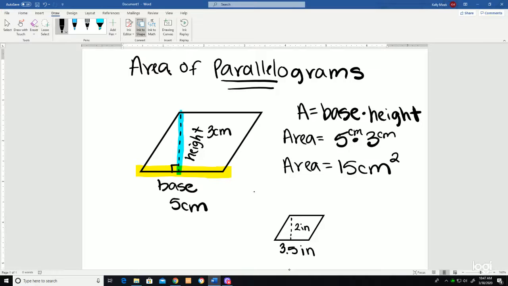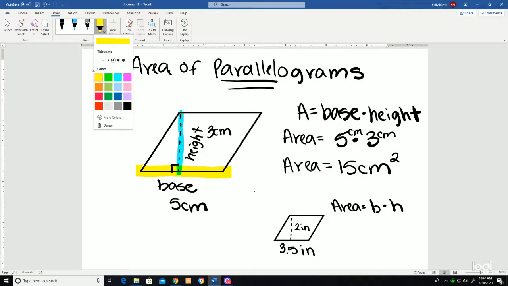So to find the area of this shape, remember that your area formula is base times height, or B times H. I know y'all don't like writing, so here's your shortcut version of not having to write all those words out. B times H. My B, my base, is going to be, remember, what the shape is sitting on. It's the bottom here. It's sitting on the ground.